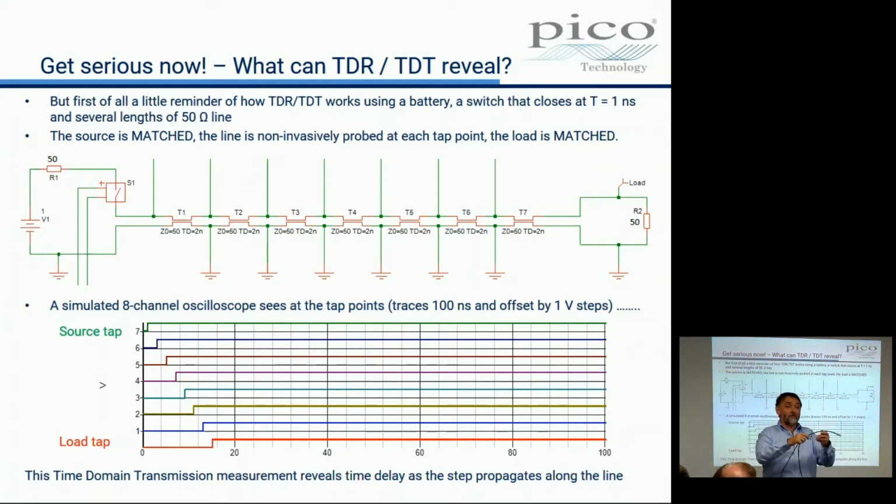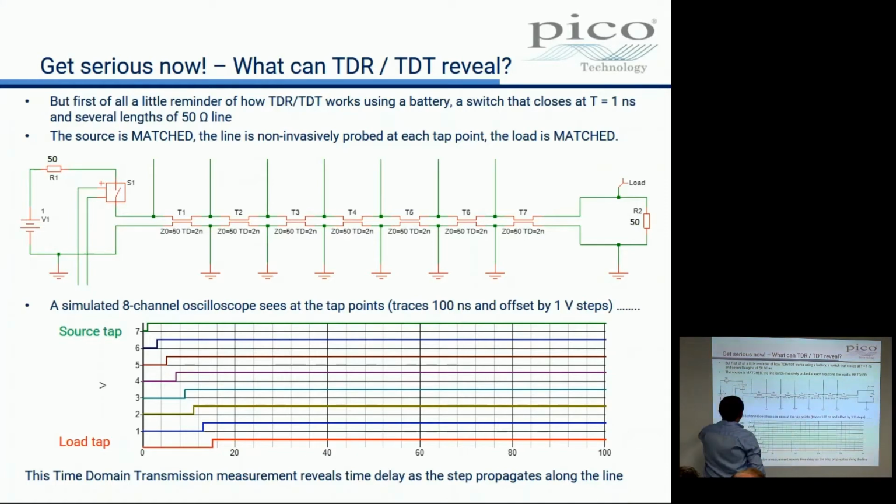But yeah, you could use PicoConnect probes, couldn't you? They're low invasive probes. I could do that, couldn't I? I could put 8 PicoConnect probes along here and stick it into a scope, an 8-channel scope with reasonable bandwidth. And at this end I've got a 1-volt battery, a 50 ohm resistor and a switch. And at this end a 50 ohm resistor, and that's 50 ohm cable.